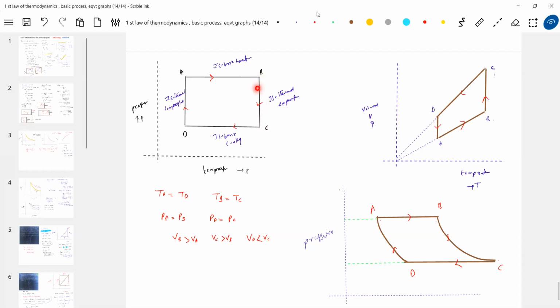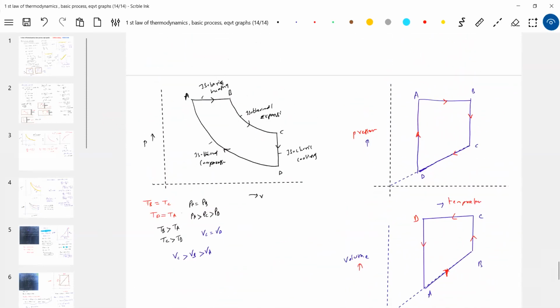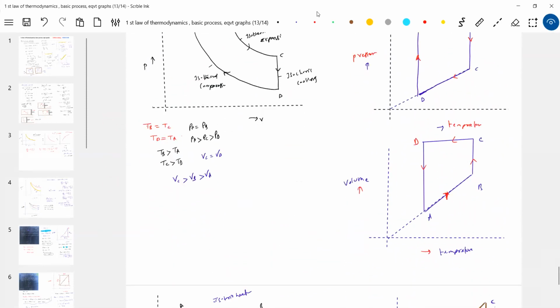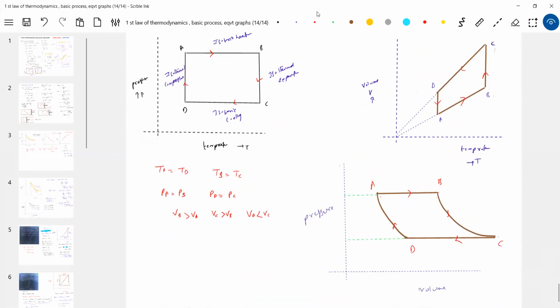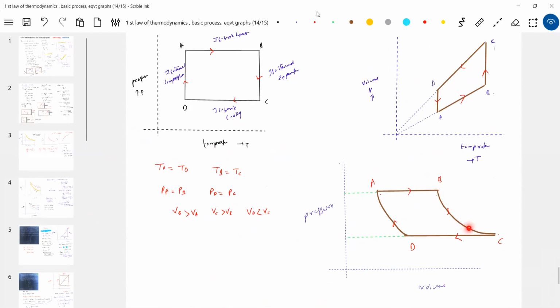And you see some small information. PT graph, vertical line: isothermal process. PT graph, horizontal line: isobaric. VT graph, horizontal line: isochoric process. Like that, in every graph you identify. If you see a curve in a PV graph, it should be isothermal.